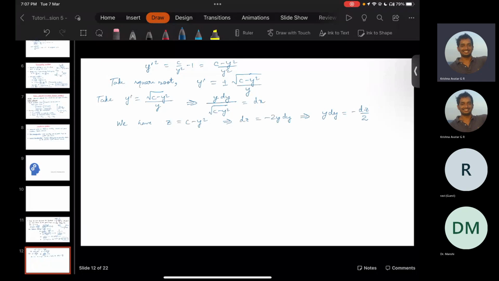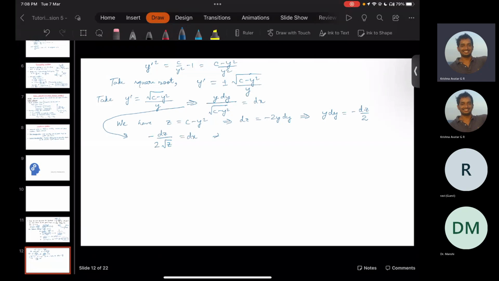So eventually, this integrand has become minus dz by 2 into root over z is equal to dx.